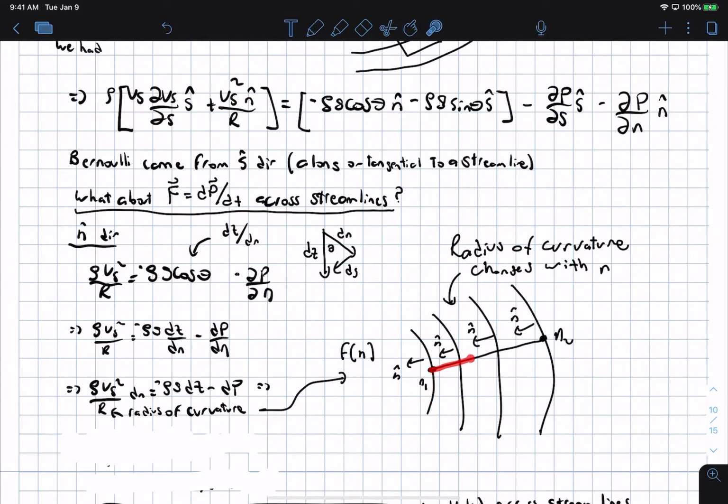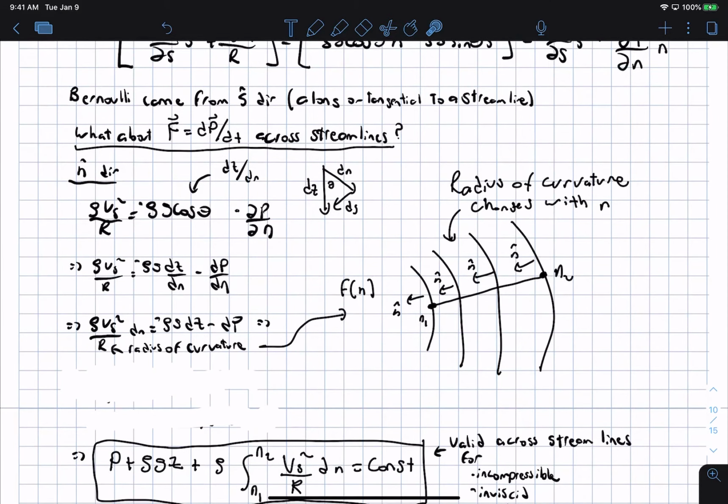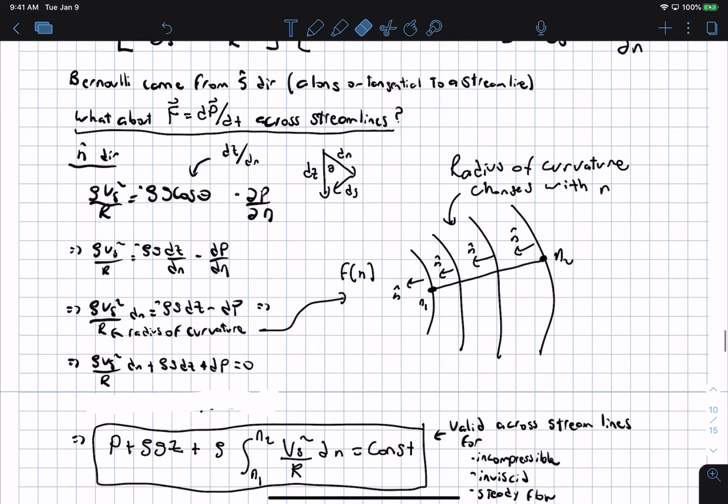So we're going to start and we're going to go out. But notice that the radius of curvature here is smaller than the radius of curvature here. So this radius of curvature changes as we move in the normal direction to the streamline. That does add a little bit of a complication, but nonetheless, we can still work with this.